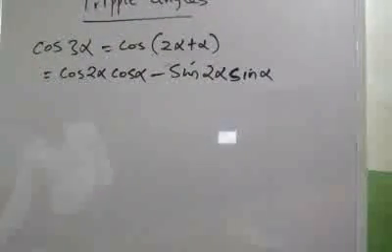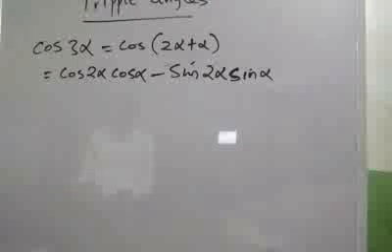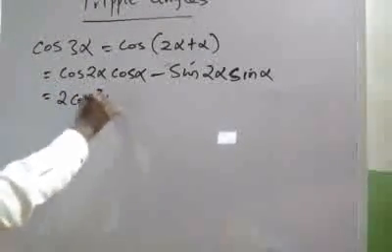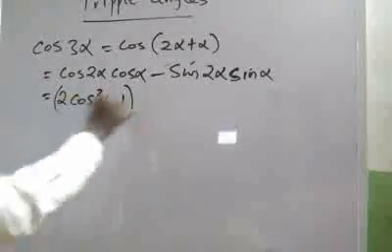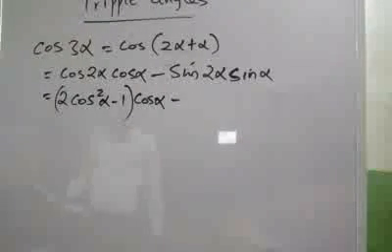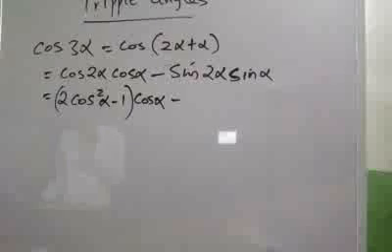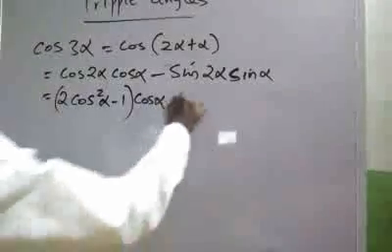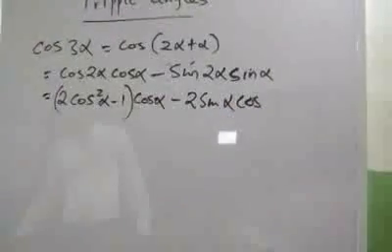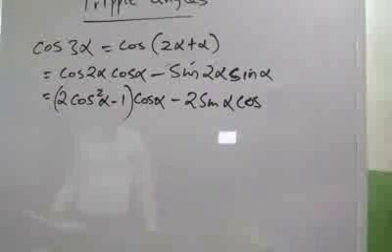So remember that your cos 2 alpha is the same thing as 2 cos square alpha minus 1 from our previous study. So this is 2 cos square alpha minus 1 times cos alpha, minus sine 2 alpha times sine alpha. Sine 2 alpha is the same thing as 2 sine alpha cos alpha.